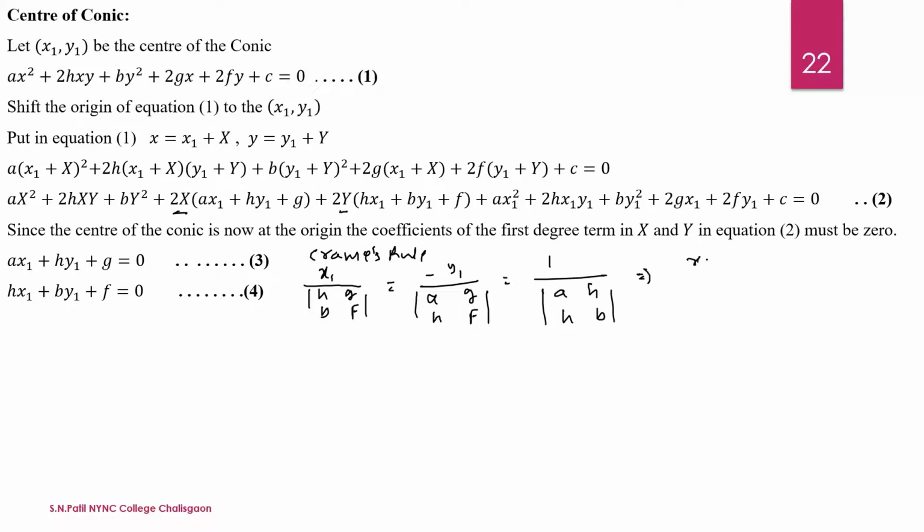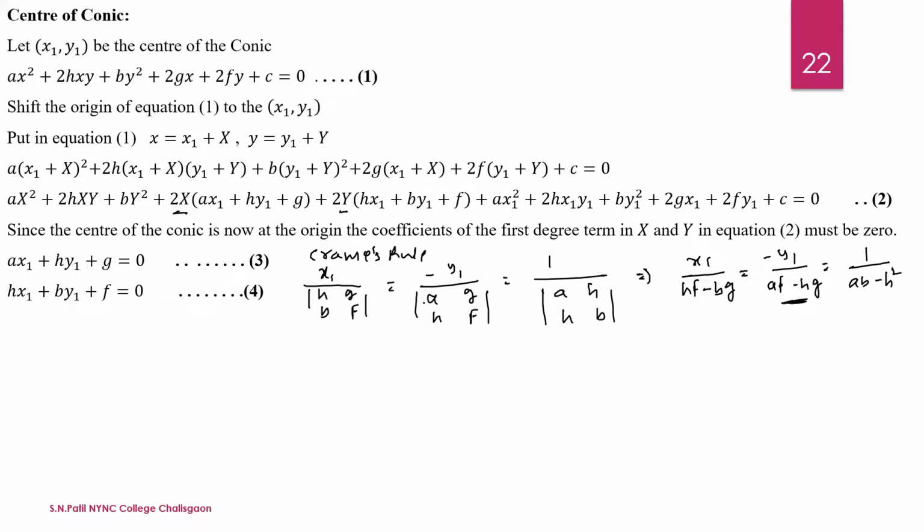We get x1 upon (hf minus bg) equals minus y1 upon (af minus hg), equals 1 upon (ab minus h square). Here the minus sign is common in the denominator and cancels, so it becomes hg minus af.